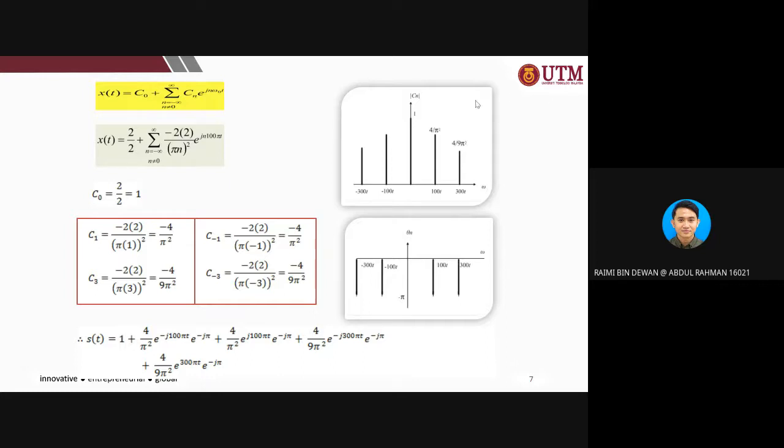Okay, so I will change my screen to the touch screen. You need to refer to your slide while I'm explaining the example. Refer to slide number 6, 7, and so on.